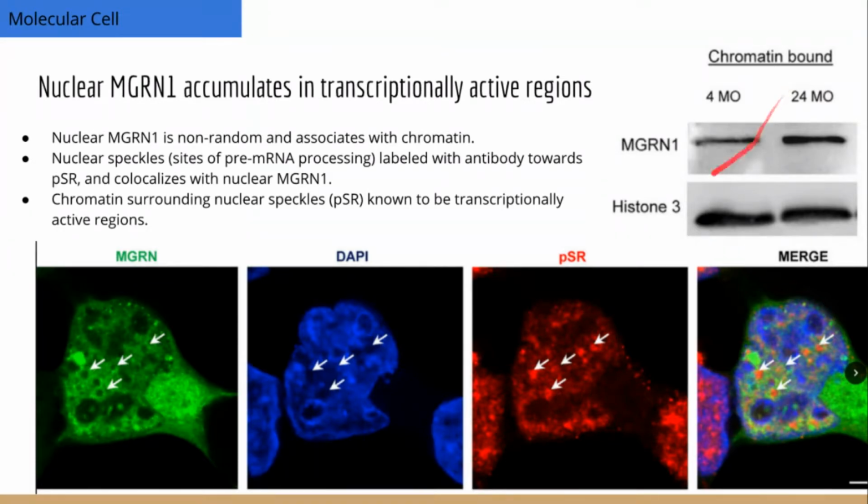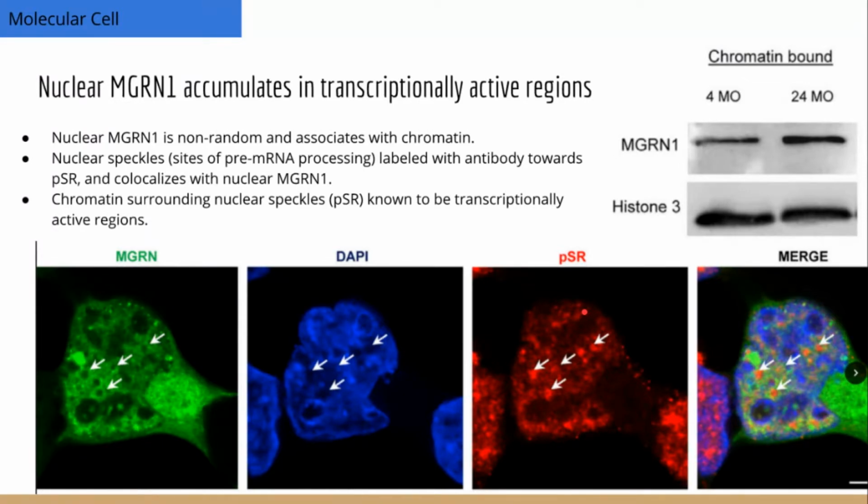Then lastly, they did immunofluorescence analysis of the nucleus labeled with DAPI, just to look at the nuclei and the euchromatic areas, which are the non-blue areas, because DAPI stains the heterochromatin mainly. And they also used PSR, which is a marker of nuclear speckles where RNA is processed.